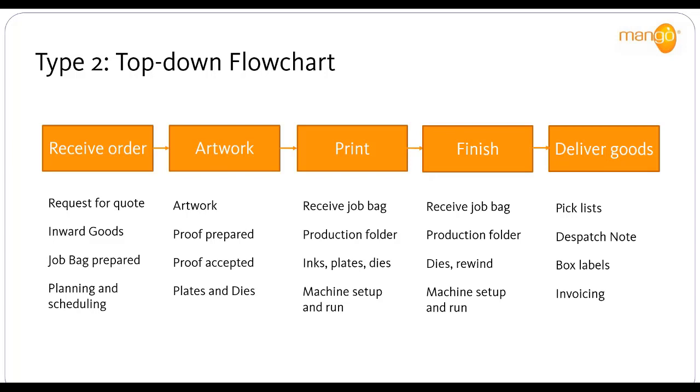So that's a top down. Running along the top is the overall process, and underneath are a list of all the activities that you need to do. There's obviously more detail to go into. I'm just giving you this as a very high level, just to explain what a top-down flowchart is.